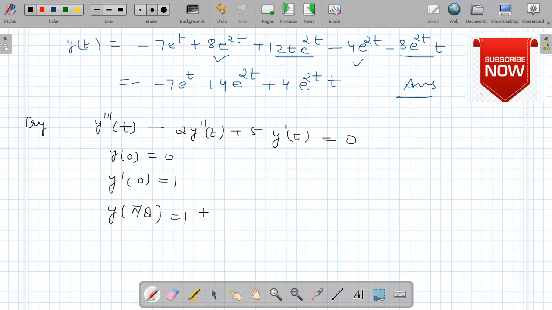This condition is used at the last when you get the value of y(t), because you will have y double dash also there when you apply Laplace transform, but the initial condition is not given for that y double dash(0), so you assume some constant value for that. So at last when you solve this equation, you will have that constant somewhere. So to find the value of that constant, you'll use this condition. Okay, this is the hint for this question.